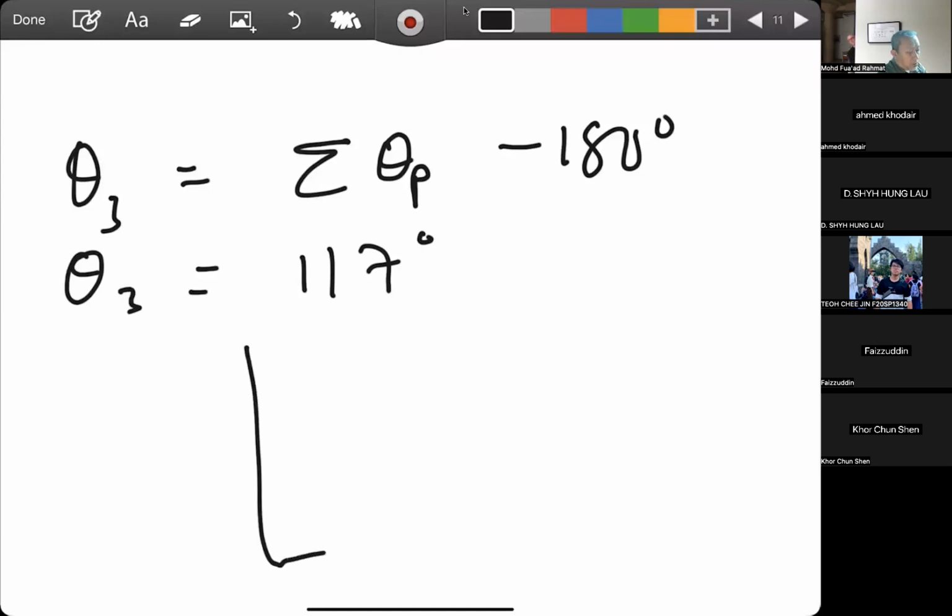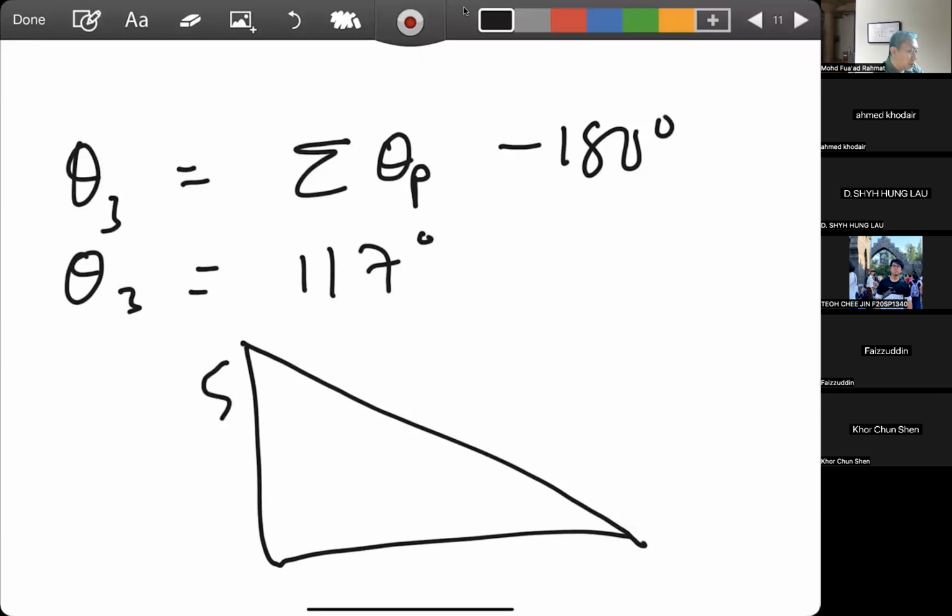Then what is the location of the Z? The location of the Z is here. This is the omega d, 9.56. And this is your minus Z. And this is your 6.99. Okay.